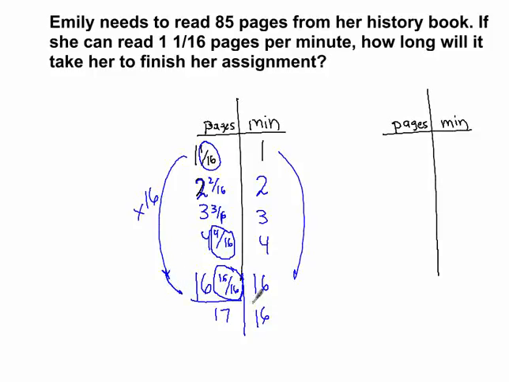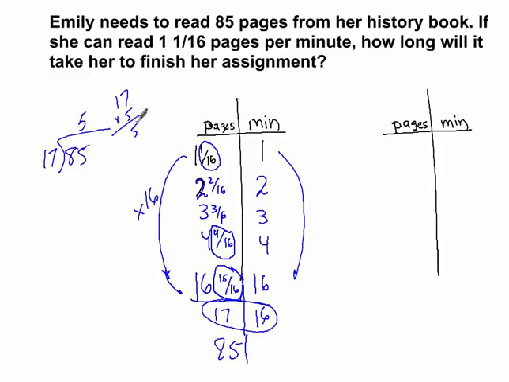And then from this, my new unit rate, we can easily get up to 85 by doing 85 divided by 17, which is just 5. 17 times 5 is 85. So then we multiply by 5, and we would get 80 minutes.